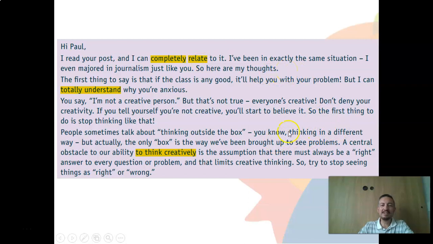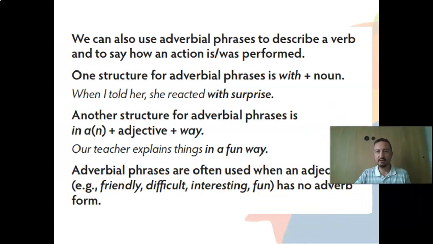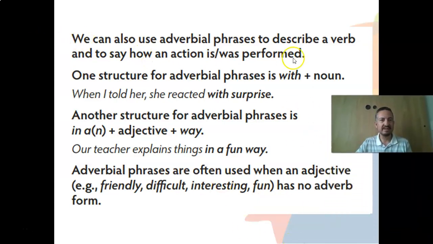Now let's move on to activity number 3, which is about adverbial phrases. Okay, let's see. Well, when we talk about adverbial phrases, we have to consider this. So we can also use adverbial phrases to describe a verb and to say how an action is or was performed.